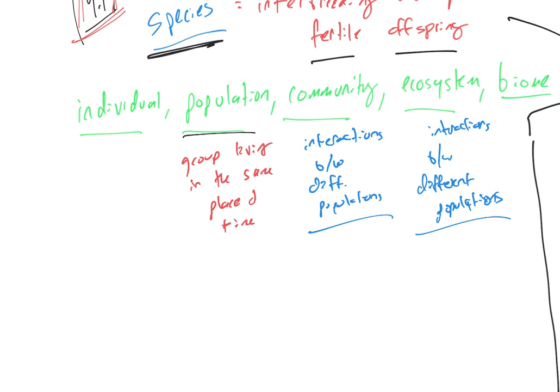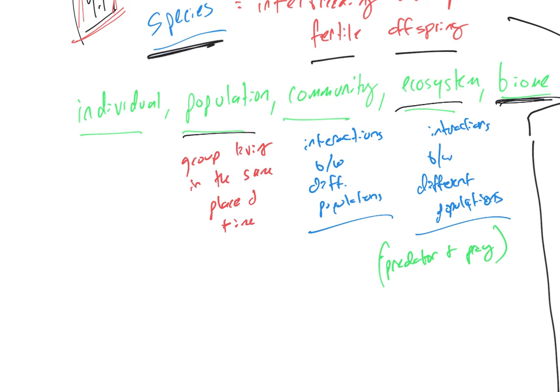So a good way to think of this is predator and prey. So when the bunnies increase, the fox increases, and then the fox eats the bunnies, and the bunnies decrease, and the fox decreases. And then biome refers to would be like all the rainforest.